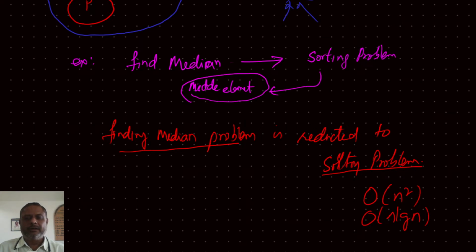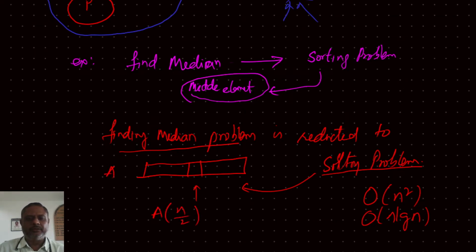And if this sorting is done and this sorted list is made available back to this problem, just picking up, say the list is called A, then A of n by 2 is what we need to do. So that's simply order of 1.